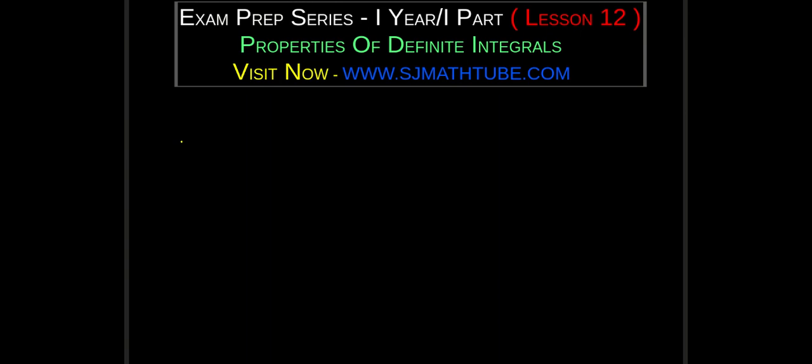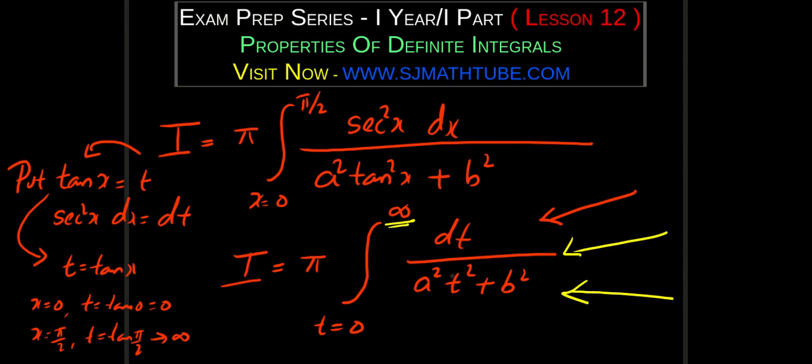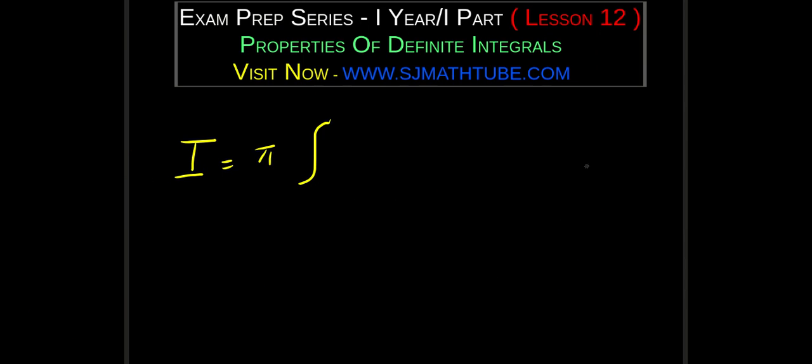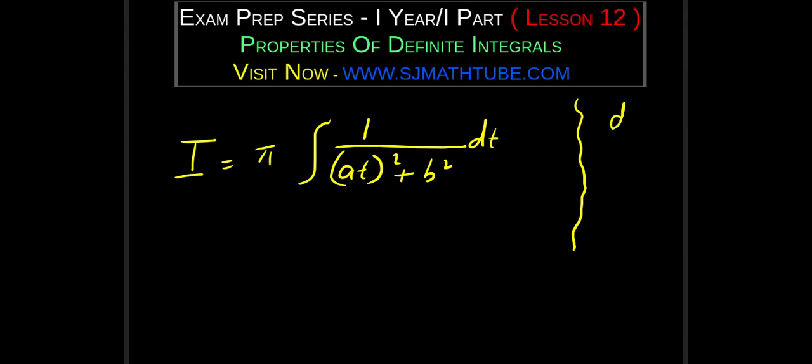Okay, so I is equal to pi, and now let's integrate. Before we integrate, I'll ask you one question. What is the integral of 1 by a square t square plus b square? Okay, I'll give you a few formulas. First of all, you have to understand the derivative of tan inverse x is 1 by 1 plus x square.